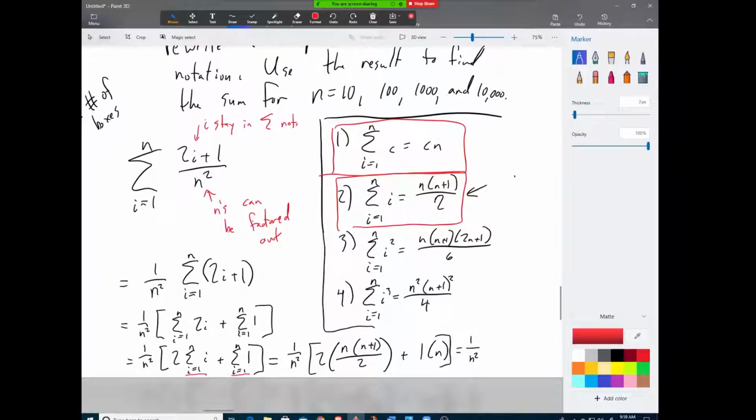And then it all becomes an algebra problem at this point. I mean, really, all of this is algebra anyway. It's just an algebra that you don't necessarily see in your algebra class.